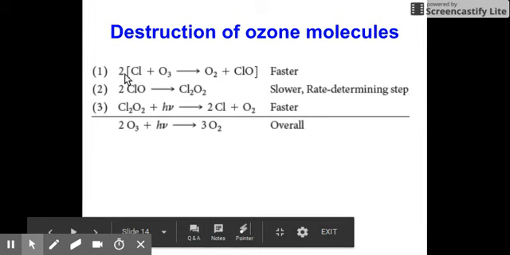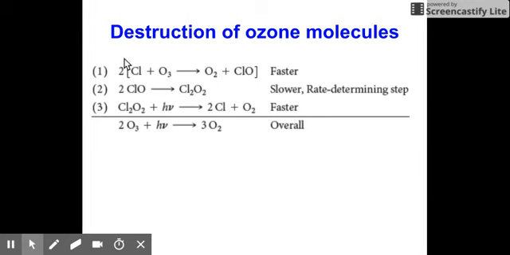That chlorine will start the domino reactions that will first react with O₃, the ozone. So Cl from CFCs will target O₃, and the products are oxygen gas and your ClO, in which your chlorine will bond with one O and the other two O's will become your diatomic oxygen.